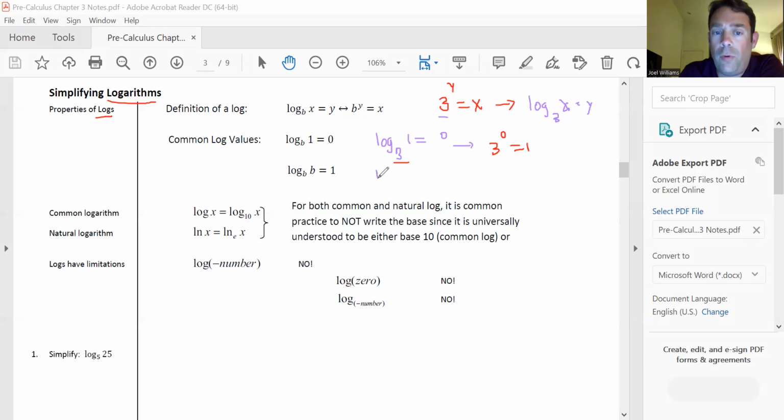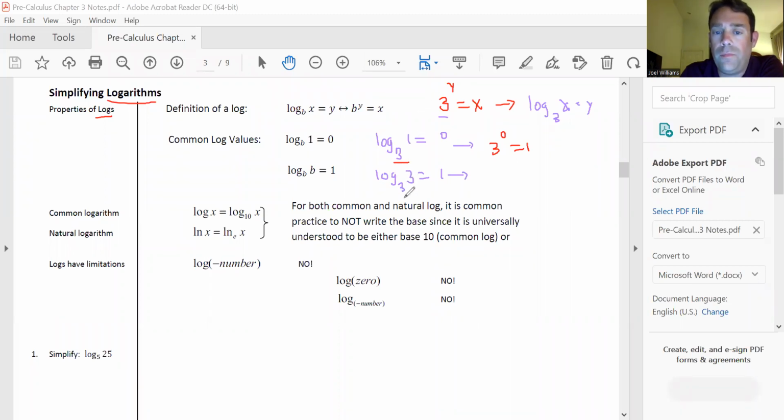Likewise, no matter what the base of the log is, if the base equals the number, then that equals 1. I meant to use 3 there. So log base 3 of 3 would be equal to 1.